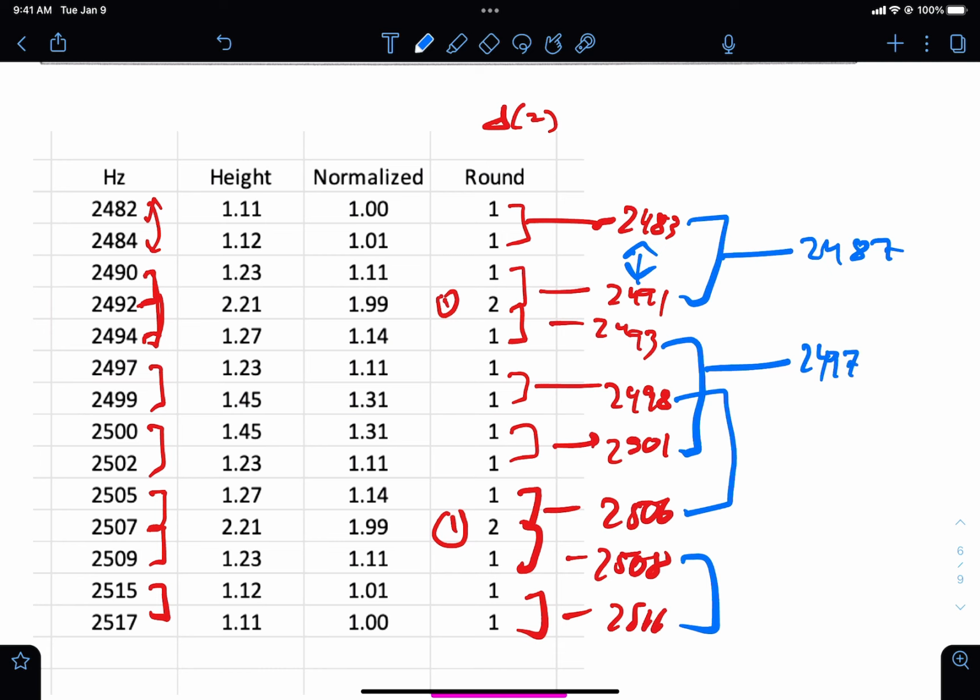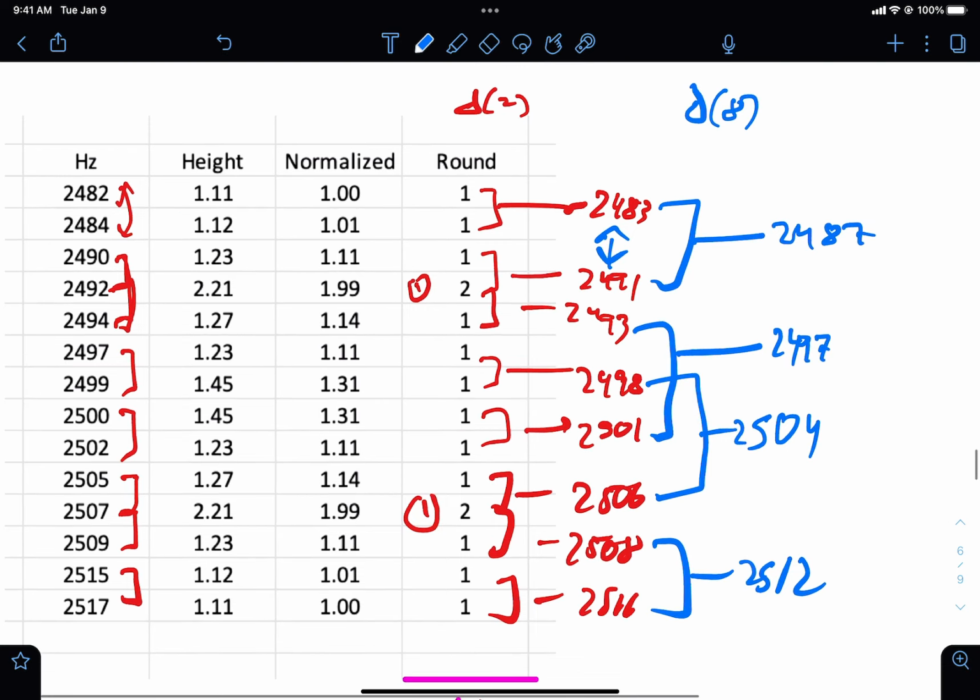This is centered at 2504. And this is centered at 2512. So we've now unsplit doublets of 8.